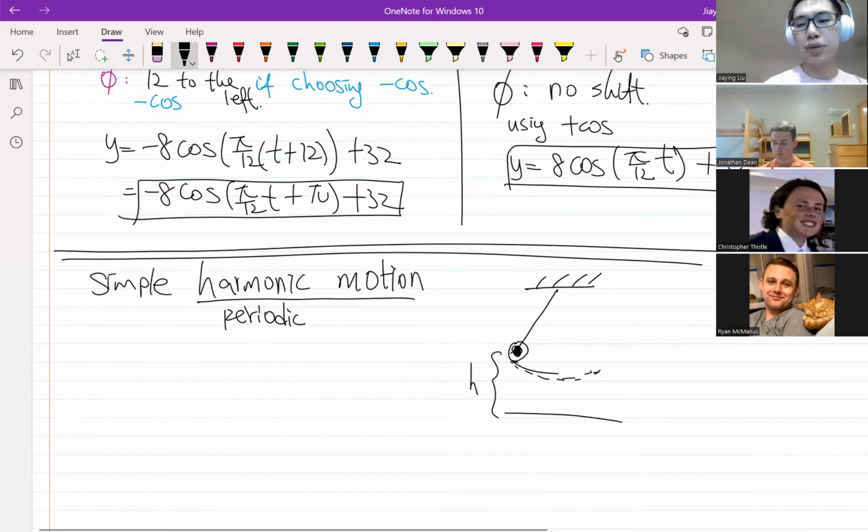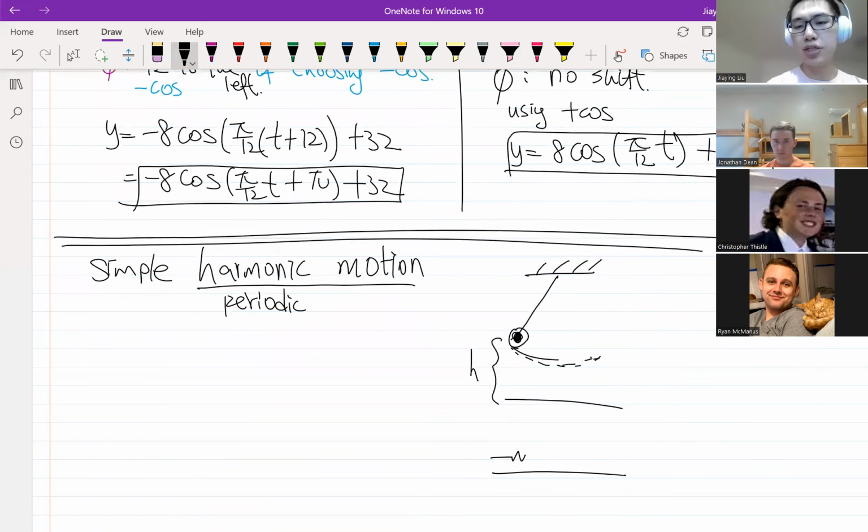It could also be a spring. For example, let's say you have a spring attached, maybe a projectile attached to the end, and the other end of the spring is attached to the wall. Suppose you either compress it or stretch it to a certain point. Oops, let me redraw this.